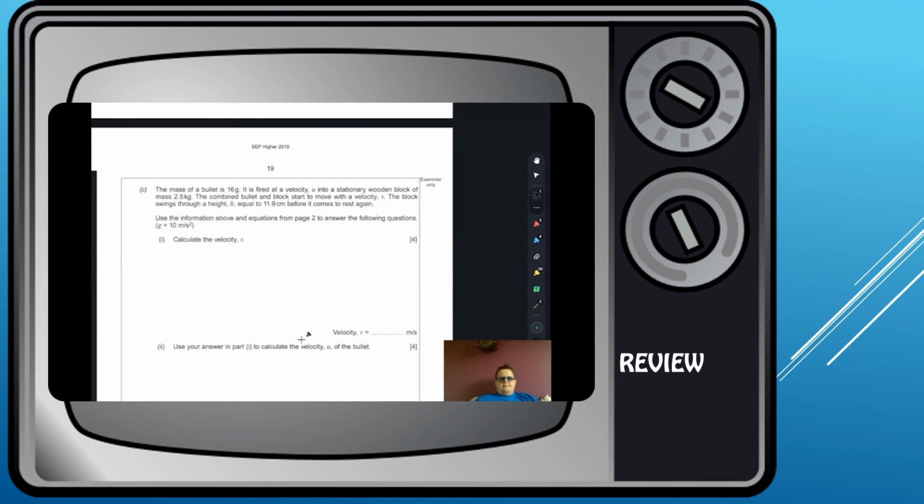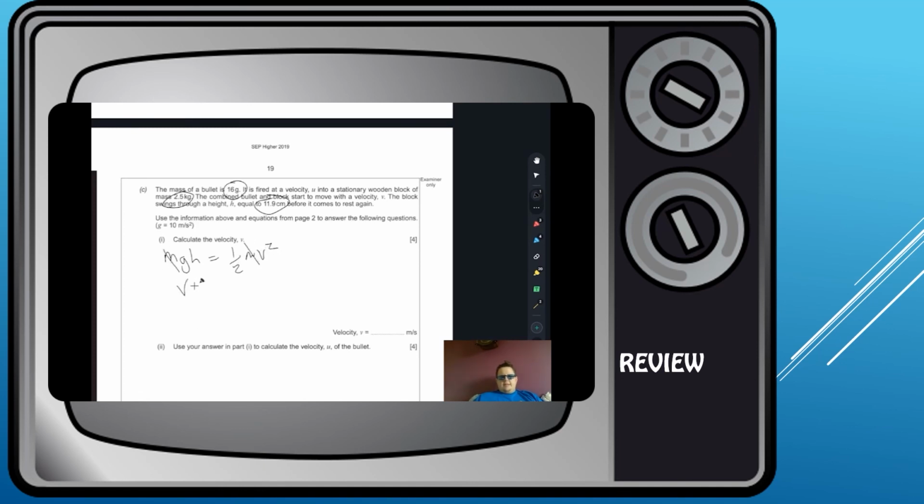So it says here we have the mass of the bullet, 16 grams. We've got the mass of the block. The combined bullet and block start to move at velocity v. They move up a height equal to 11.9. Calculate v. So if we think about it, the potential energy is going to equal the kinetic energy.